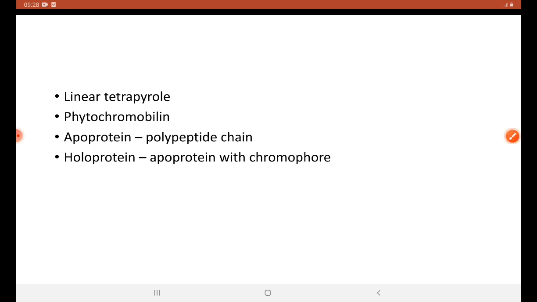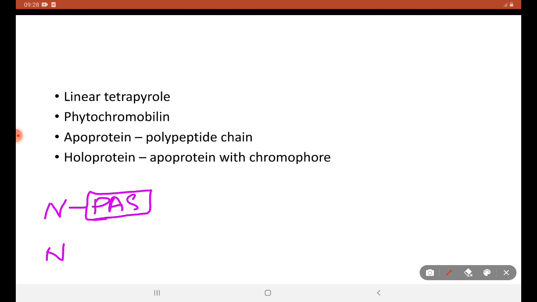Now we will draw the dimer. It occurs in dimer, so we will draw two chains. At the N-terminal, we have PAS domain. Next, we have GAF domain. Next to GAF, we have PHY domain.